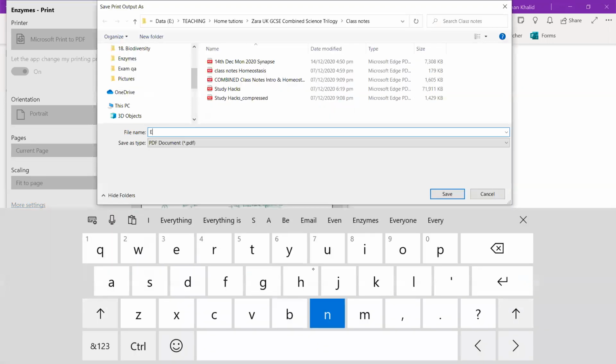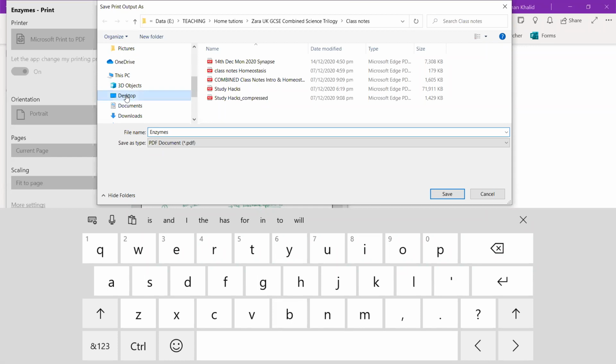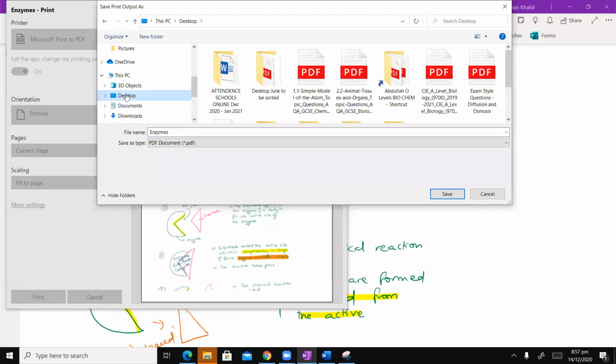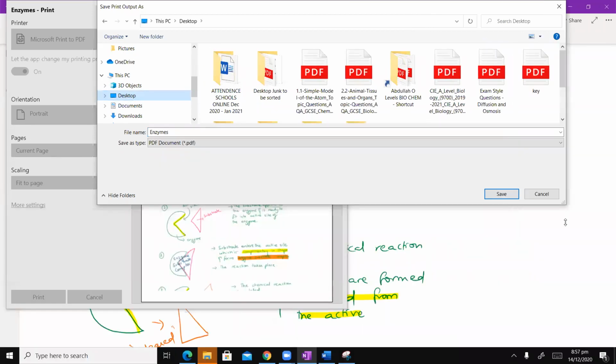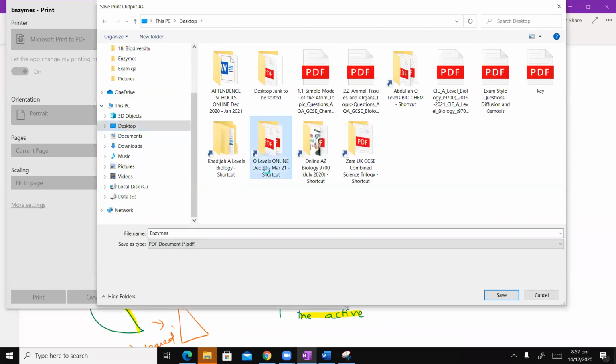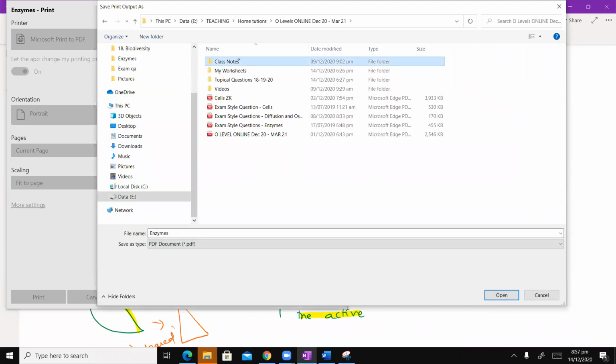Because the topic was quite short today, I have not finished it completely. I still want to talk about something more about this topic, but generally speaking, I hope nobody had any major issues with the enzymes. Make sure that you look carefully at all of the keywords and all of the stuff that I've used.